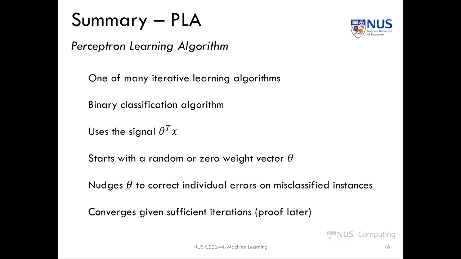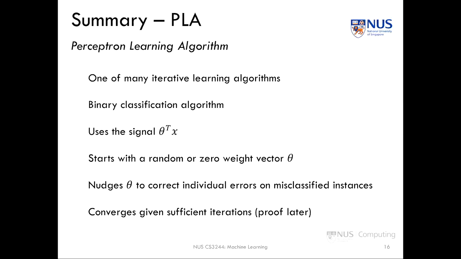In summary, we've learned PLA, which is the perceptron learning algorithm. It's one of many iterative learning algorithms that you're going to be learning throughout the course. In its vanilla guise, it is a binary classification algorithm. And like a lot of other linear classifiers, it uses the signal of the weight vector taking the product with the input vector.